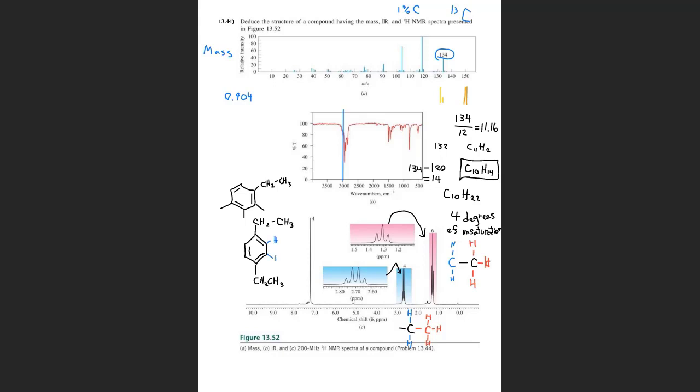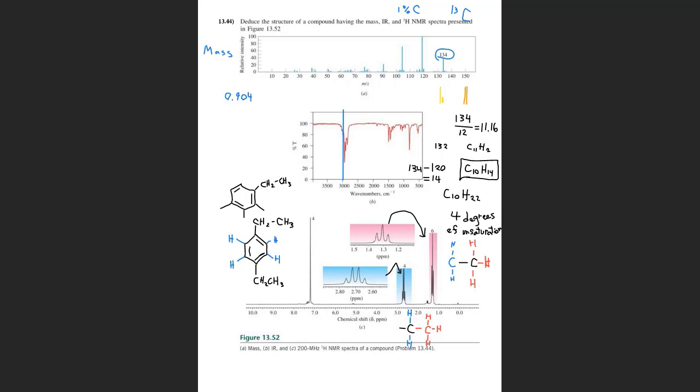Normally they would be split by each other and would give you a doublet. But the problem is they're identical because they have the exact same chemical configuration.